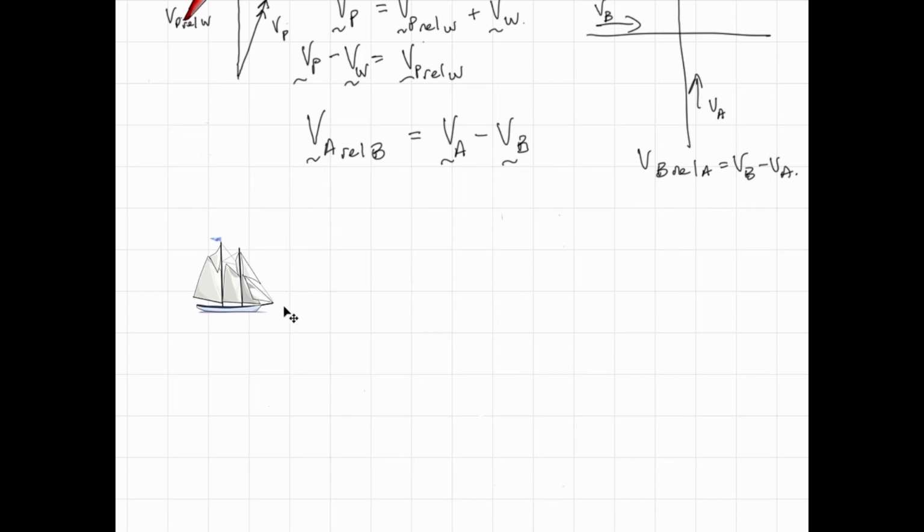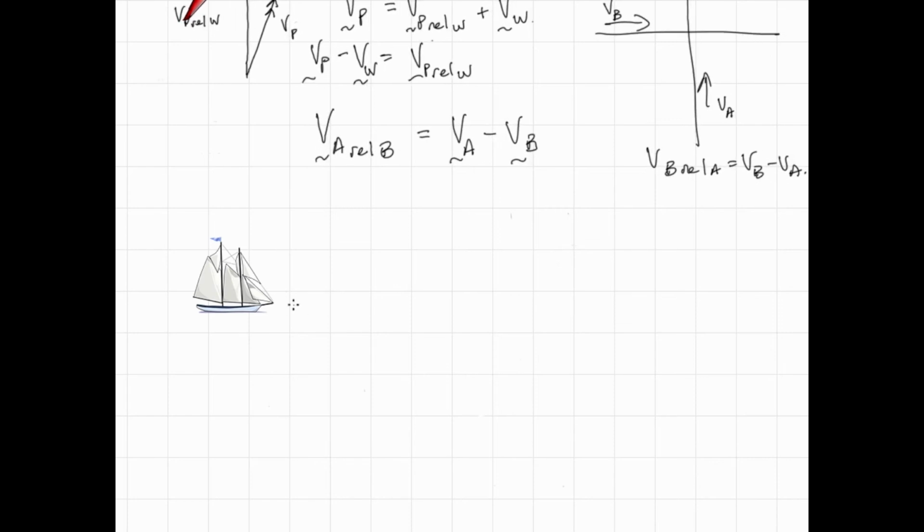So the velocity of the current is equal to 5 knots, and without the current, the velocity of the boat relative to the current, let's just say it's travelling at 10 knots.